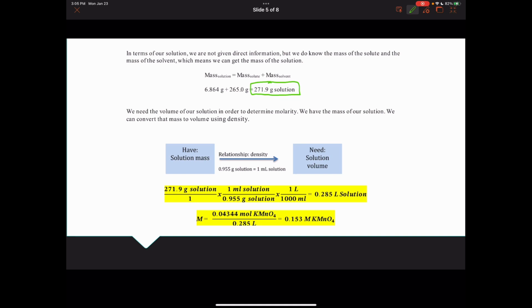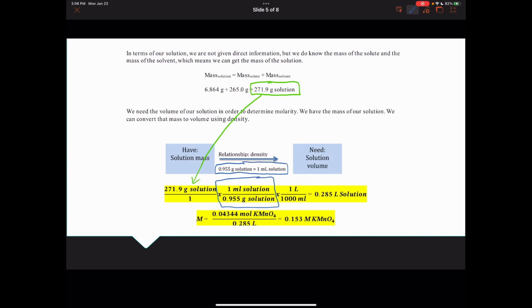So we're going to start off the same way. We're starting off with our known amount, which was that 271.9 grams of solution. We are multiplying by our conversion factor, which is the relationship between my mass and my volume. So we were told the density is 0.955 grams per milliliter. So we can write that in this equality format. It's the grams in 1 milliliter of solution.